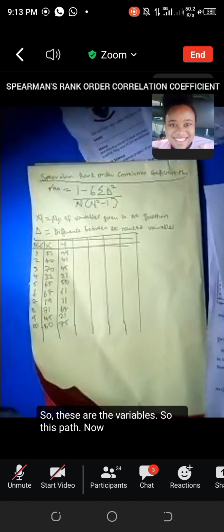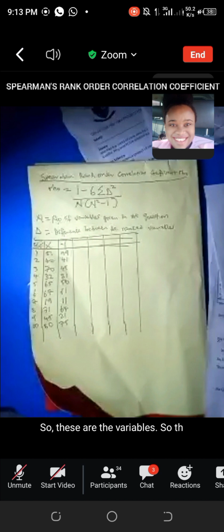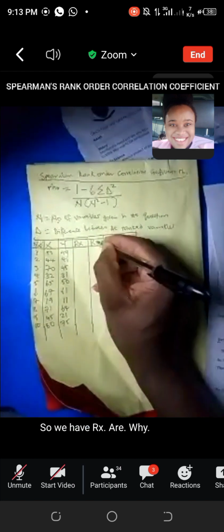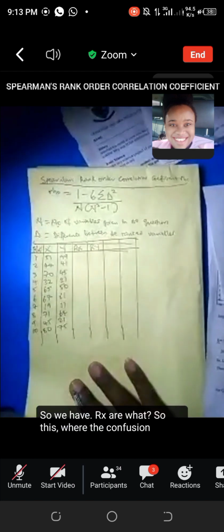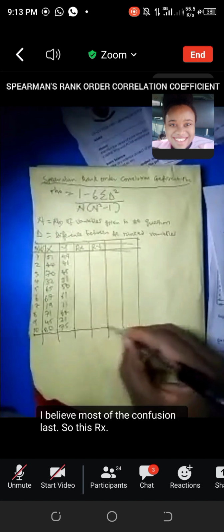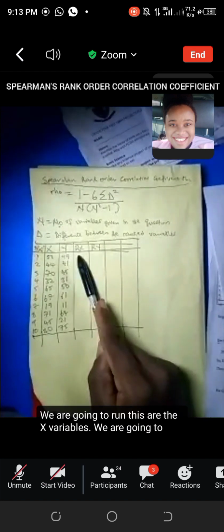So this part now is very important. This is where the confusion is. So this Rx is rank of X. These are the X variables.